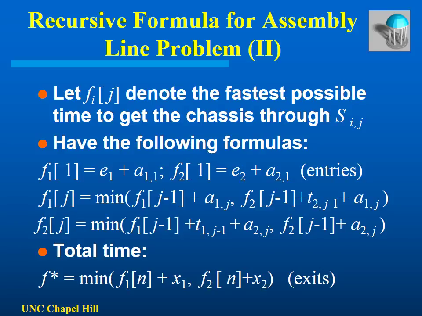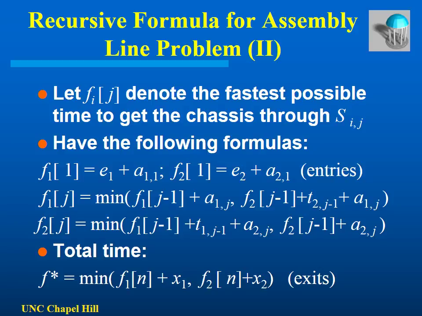The f1 and f2 of j for j bigger than 1 are each a minimum that was discussed on the previous slide. They're the minimum of staying on the first line, f1 of j, when you stay on: the time that it took to get through the j minus 1 stage, plus the time at that new stage in that line, A sub 1j. That's one of the terms.